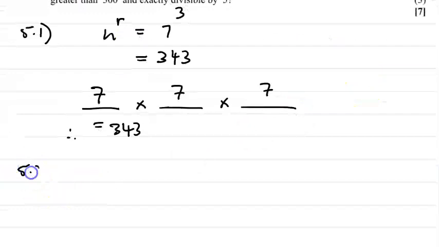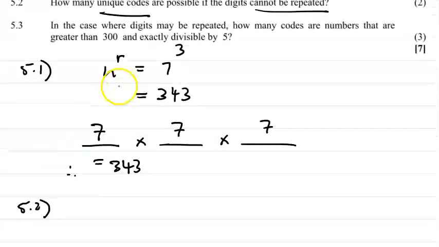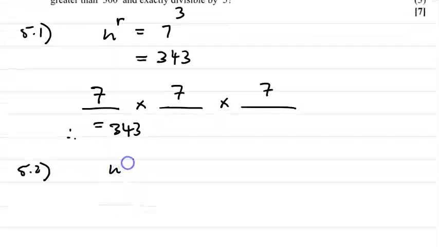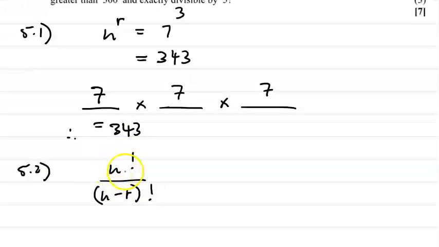5.2. How many unique codes are possible if digits cannot be repeated? So if digits cannot be repeated, we can use the formula, which is n factorial all over n minus r factorial, where n is the number of items that we have to arrange and r is the number of places that we have to arrange them in.